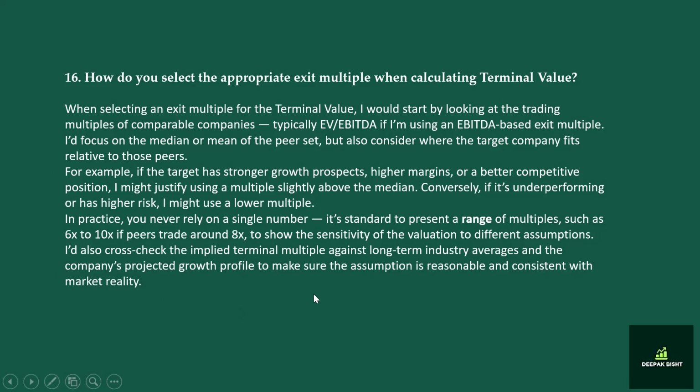Sensitivity analysis is very important to the valuation. And we cross-check that the multiple we are using is reasonable in the long-term context also. This ensures your terminal value is both market informed and tailored to the company, while also transparently showing uncertainty consistent with market reality.